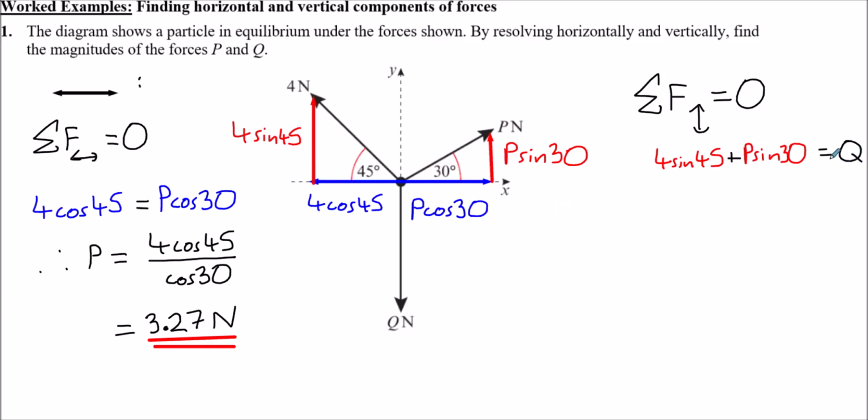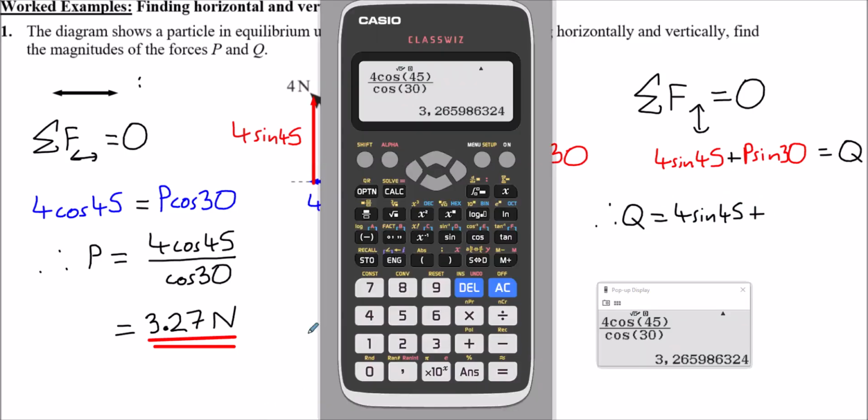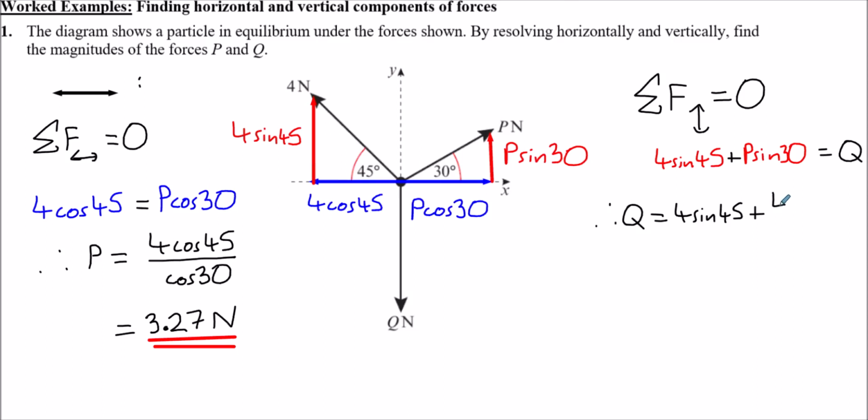So therefore we can just work out what Q is. Q is going to be 4 sine 45 plus P sine 30. Now we can keep P in exact form. So P is 4 root 6 over 3. Then we can round after the fact.